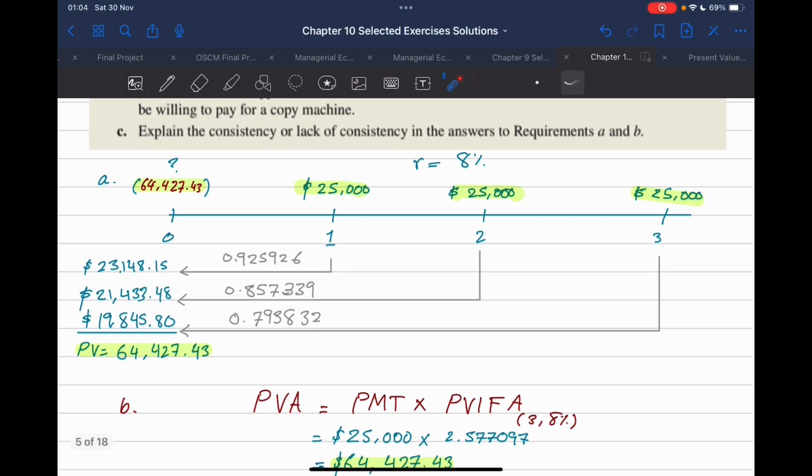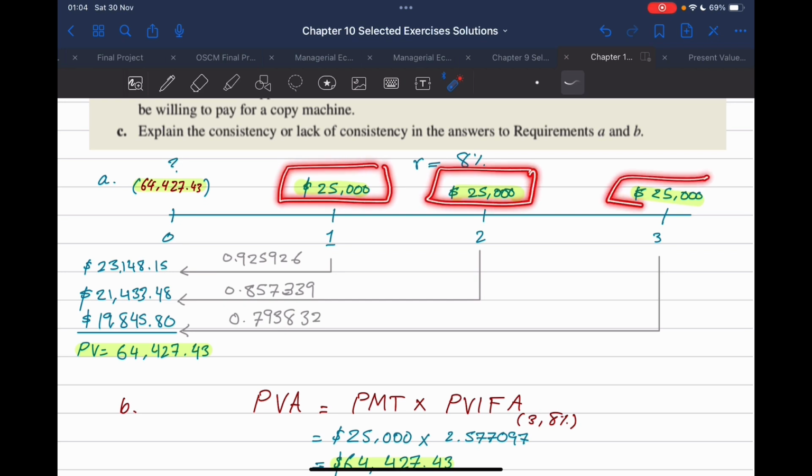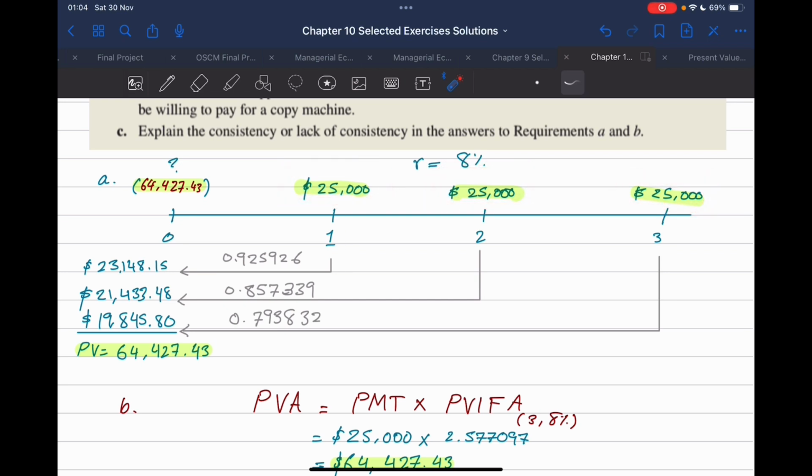Those conditions are: the required rate of return is fixed, the payment is fixed, so it's the same, a regular payment, and the time intervals are fixed. So we're receiving 25,000 at the end of each year for every year throughout the expected life of that investment.